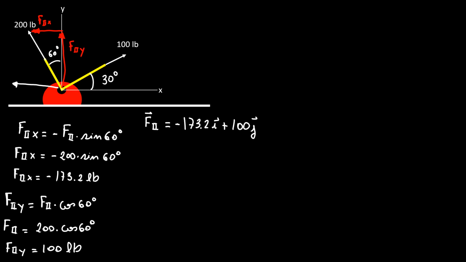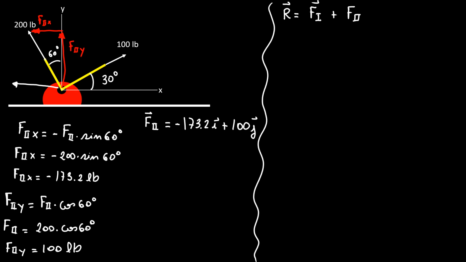Now to find our resultant force, we can do our vector sum of F1 plus F2.